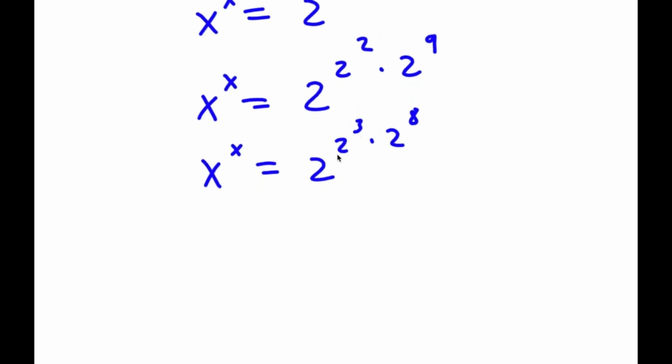And now, well, 2 to the power of 3, that's simply equal to 8. So now I have x to the power of x is equal to 2 to the power of 8 times 2 to the power of 8.